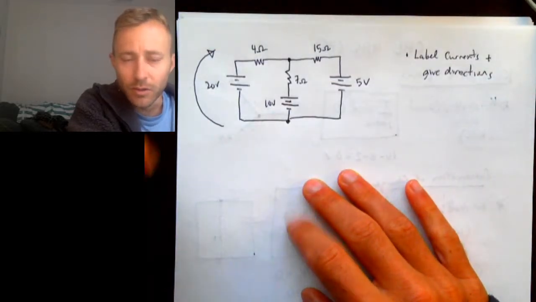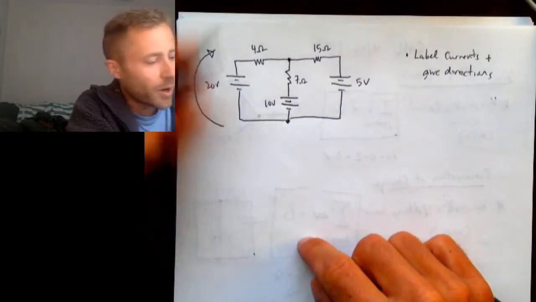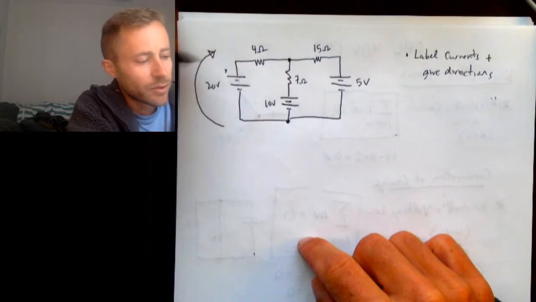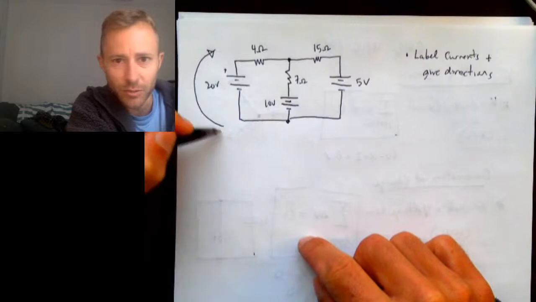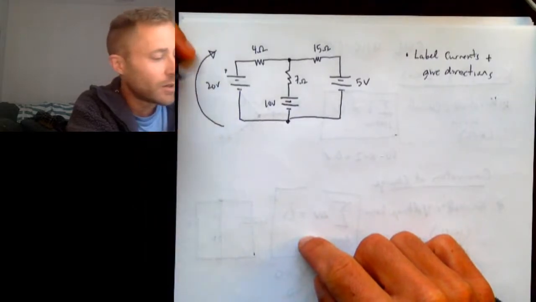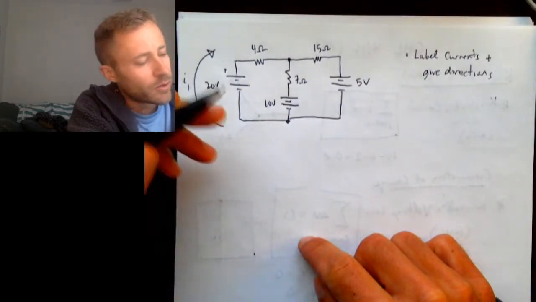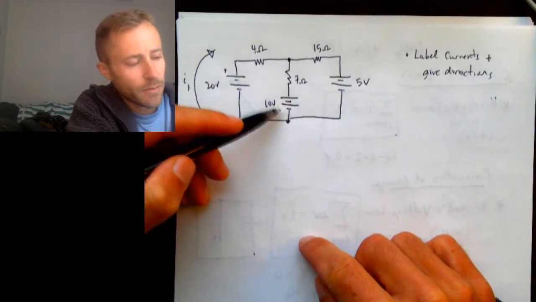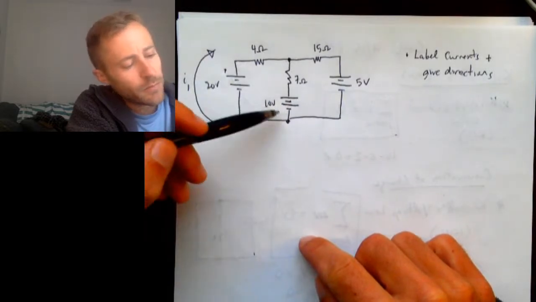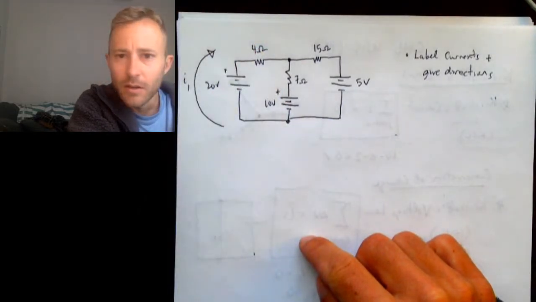Okay, so this battery, the positive terminal is here. So I'm expecting that it is going to push current out of its positive terminal. So that's why I'm calling this the sense of I1. Okay. Similarly, this battery has its positive terminal. Okay.